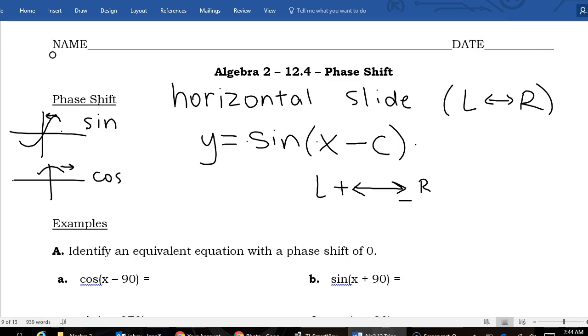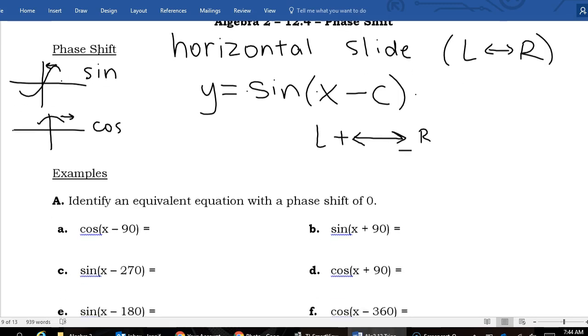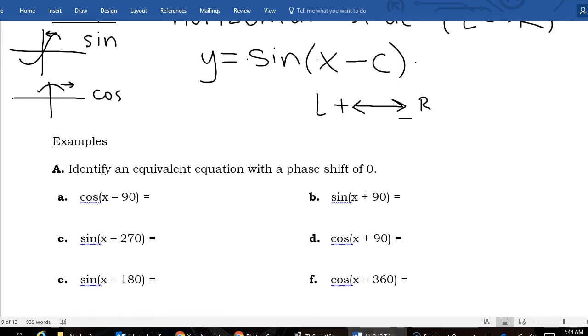So if I were to graph the cosine of x minus 90, I want to know what non-phase shifted function that looks like. So I do have a regular cosine right here. If I slide that to the right 90 degrees, it's going to go this way 90. To me, that looks like it's probably going to be a sine graph.